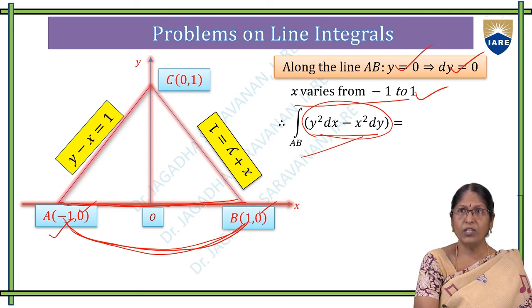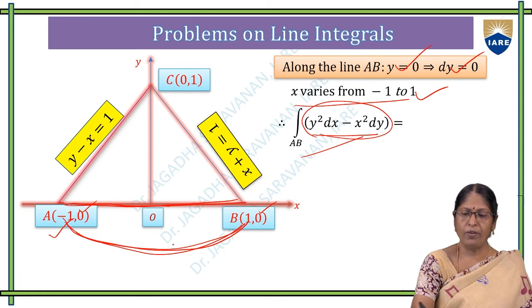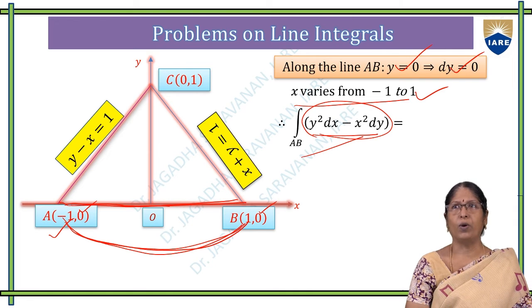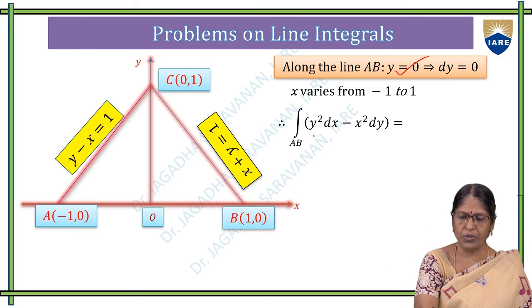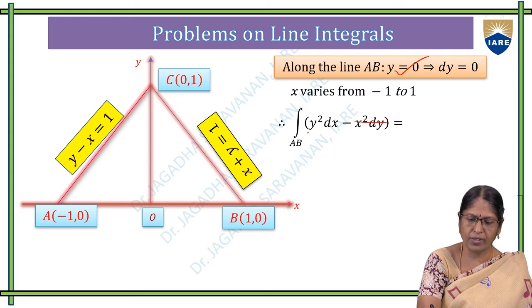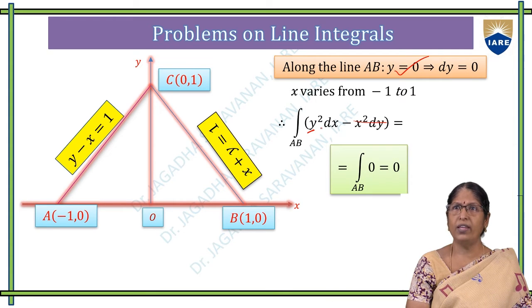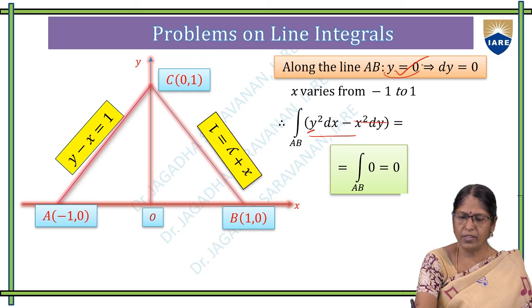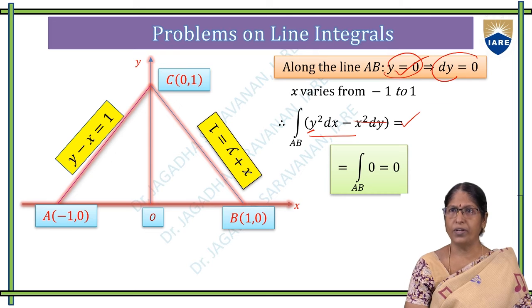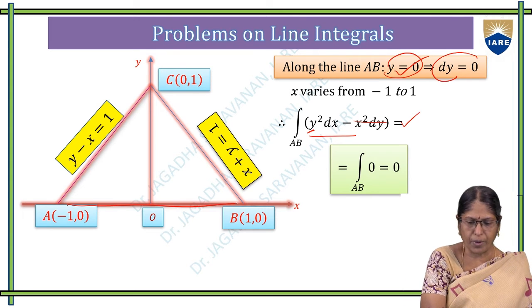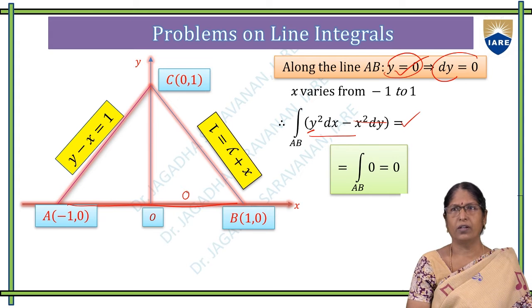When x varies from minus 1 to 1, y is 0 and dy equals 0. Substituting y equals 0 and dy equal to 0, everything vanishes and we get 0. So from A to B, the result is 0.